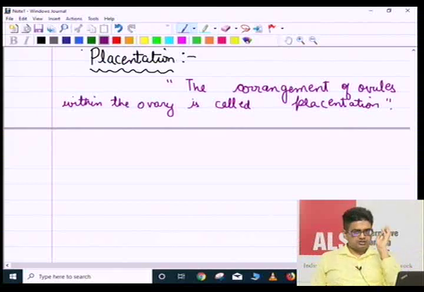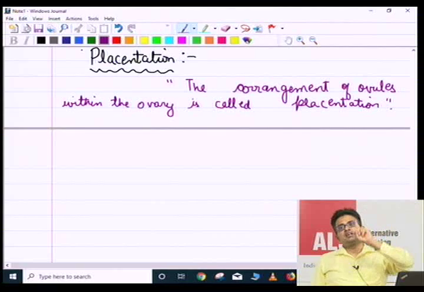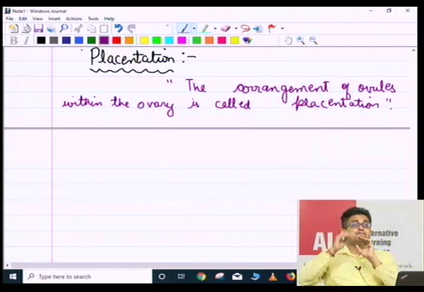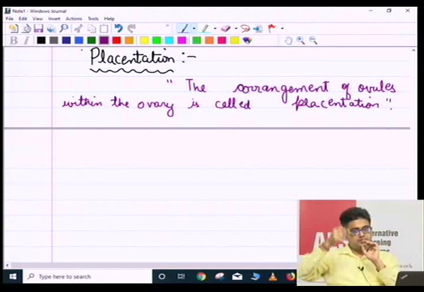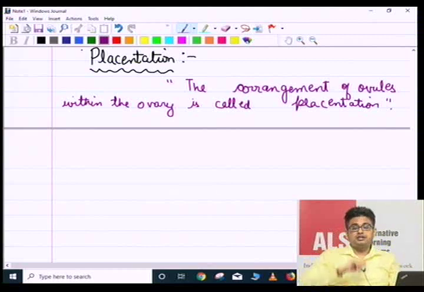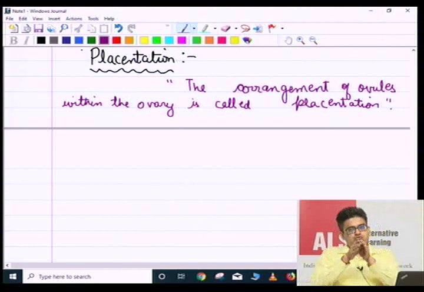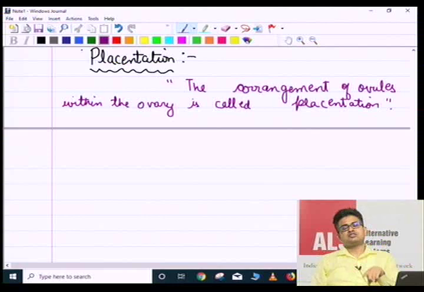Now try to understand. Fertilized ovule converts into seed, and ripened ovary wall converts into fruit. So what is fruit? Fruit is ripened ovary wall. And inside this fruit, seeds are present. In the initial stage, when fertilization has not happened, ovules will be arranged.